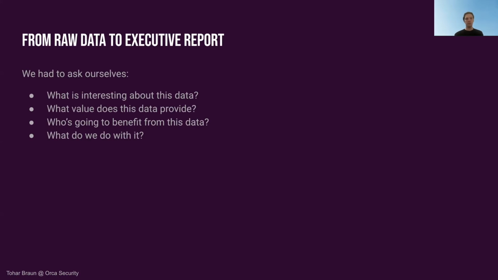So now that we have all this data, what are we going to do with it? First of all, we had to ask ourselves a few questions. What's interesting about this data? What value does it provide? Who is going to benefit from this data? And what are we going to do with it? So the answers were, first of all, there are vulnerabilities everywhere.